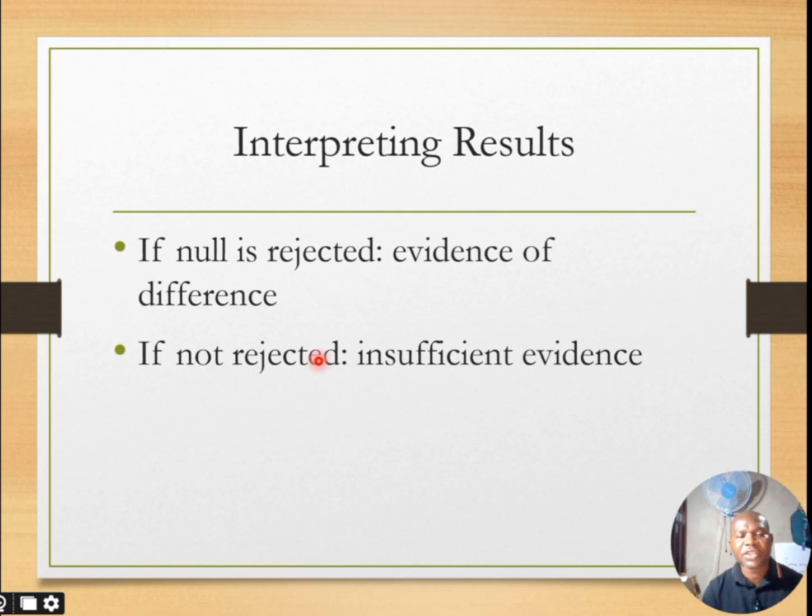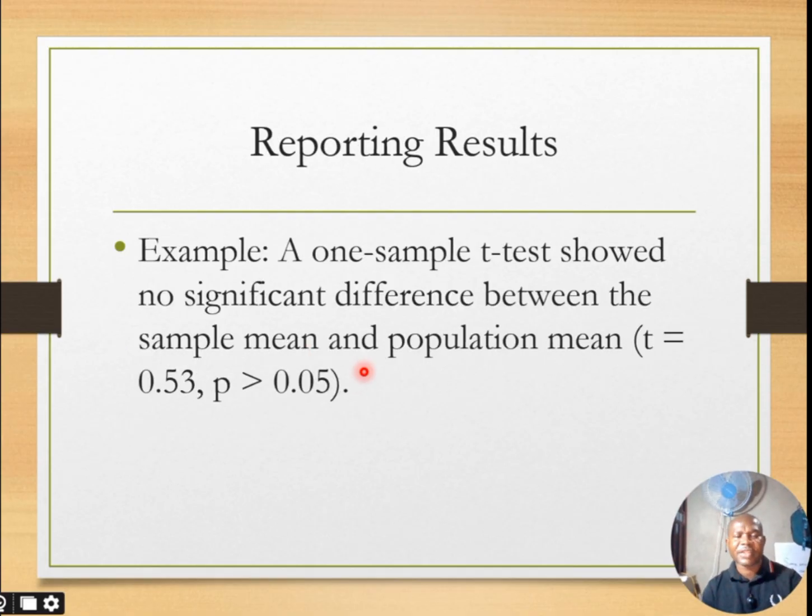So what is the interpretation of this? It simply means that if the null is rejected, evidence of difference is established. So when we reject our null hypothesis, we are simply saying that evidence of a difference between our sample mean and our hypothesized mean is established. But if not rejected, it means we don't have sufficient evidence that there's a difference between our sample mean and our hypothesized mean.